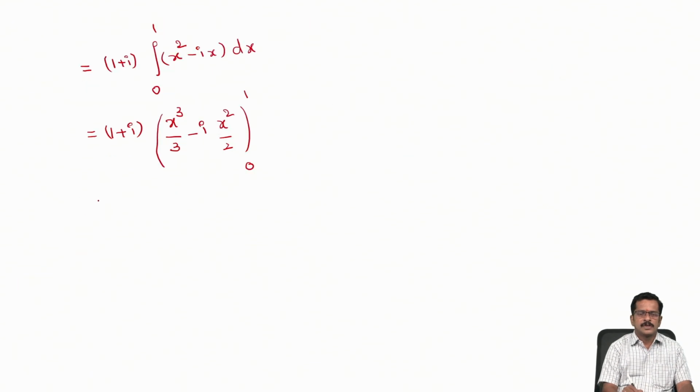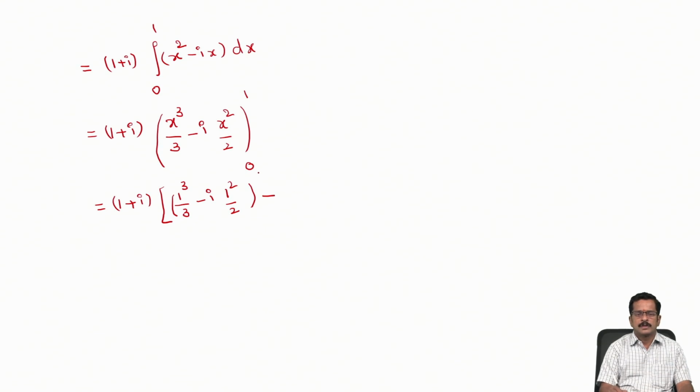So then which is equal to 1 plus i into, with respect to the upper limit, 1 cube by 3 minus i into 1 square by 2, minus the lower limit.